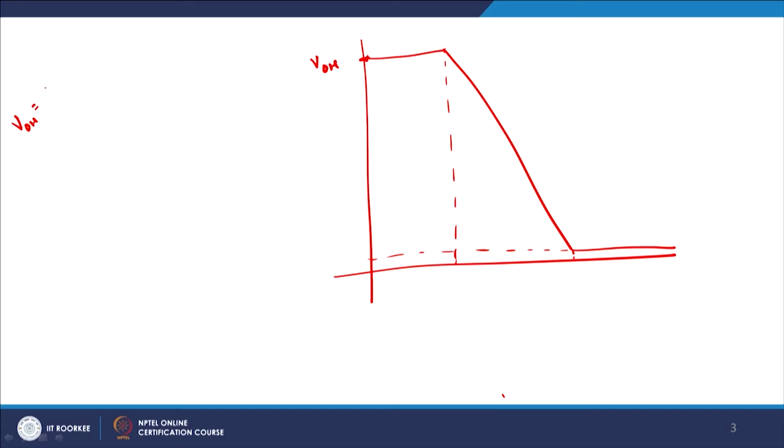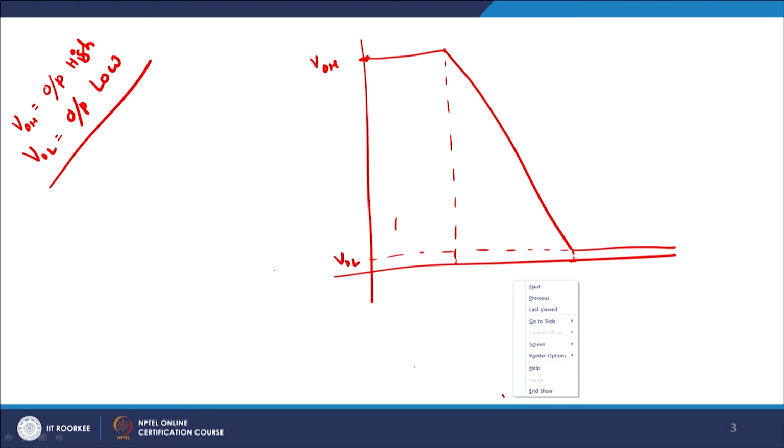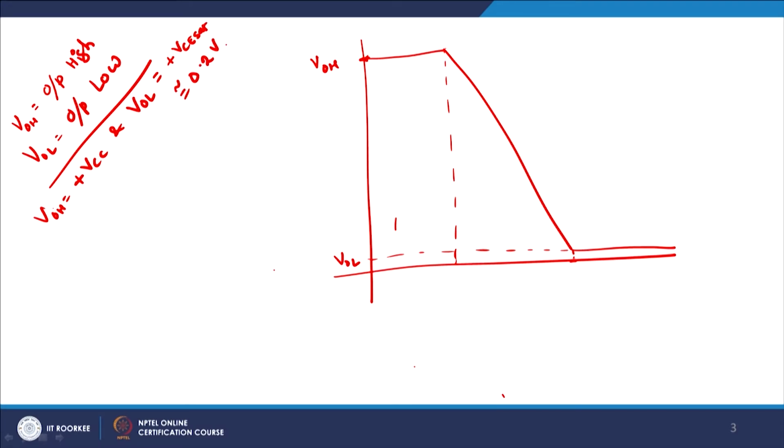VOH implies output high, and this is VOL. So VOL is output low. In our case, VOH is equal to plus VCC and VOL is equal to VCE sat, approximately 0.2 volts.